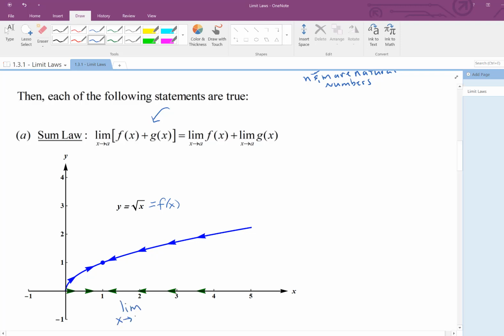We can see in the graph that the limit as x goes to 1 of the square root of x is 1. So we have a limit that exists at a particular location. It exists. Check.